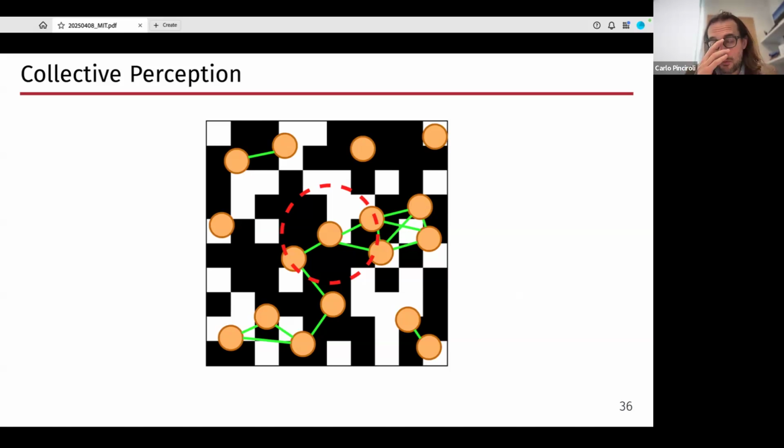Now, the twist is that this problem has been studied extensively, but the robots are severely degraded. They have a binary sensor that can tell you whether the environment is black or white, but that sensor is severely impaired. So we're not talking about 10% noise, but for example 52, 55, 57% noise. So basically, it's almost a coin toss.